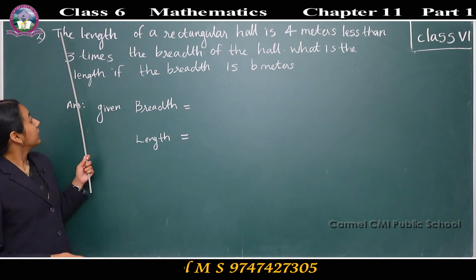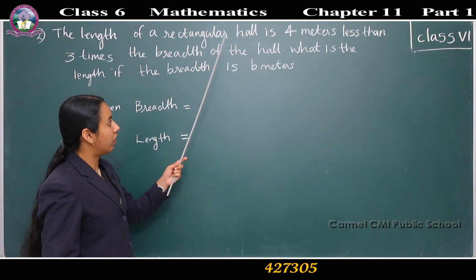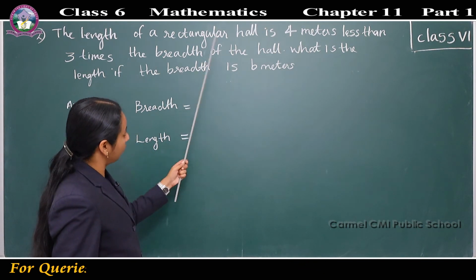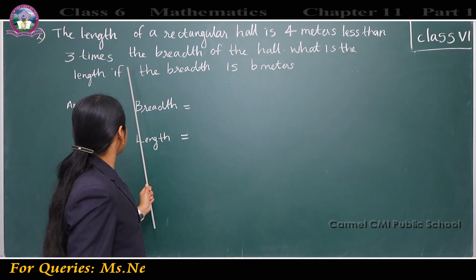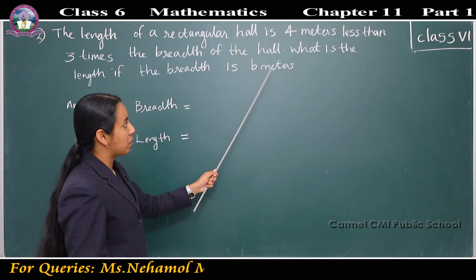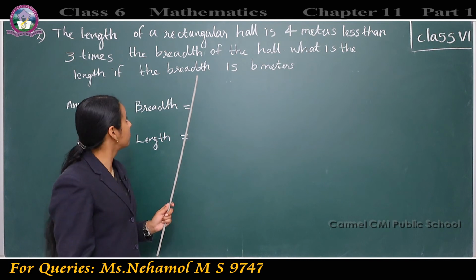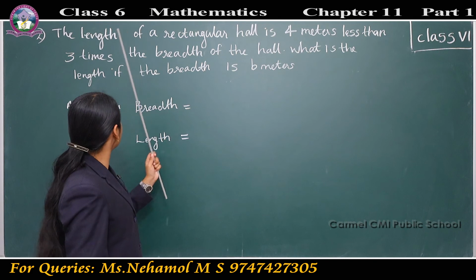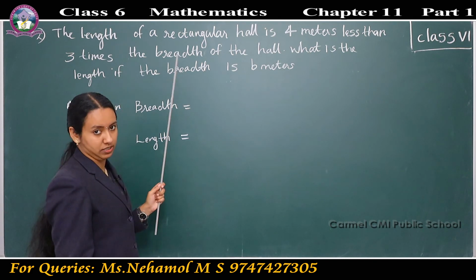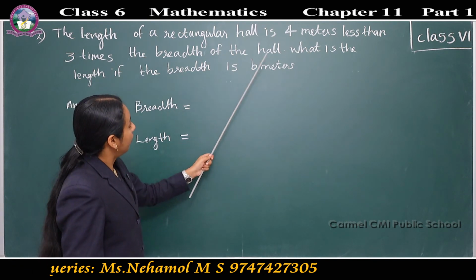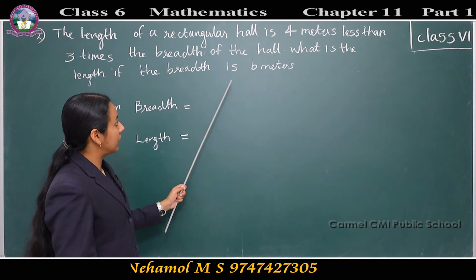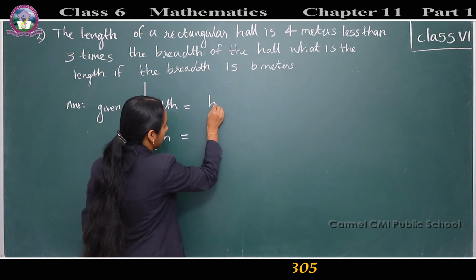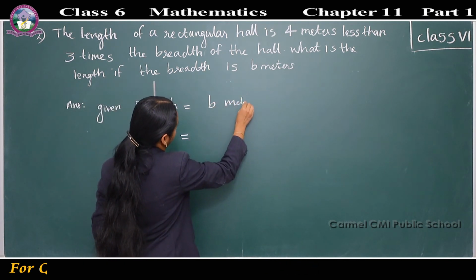Next question. The length of a rectangular hall is 4 meters less than 3 times the breadth of the hall. What is the length if the breadth is b meters? Breadth is given, b meters.